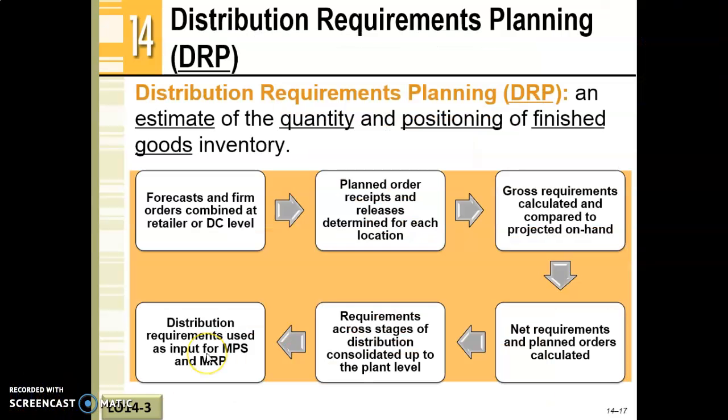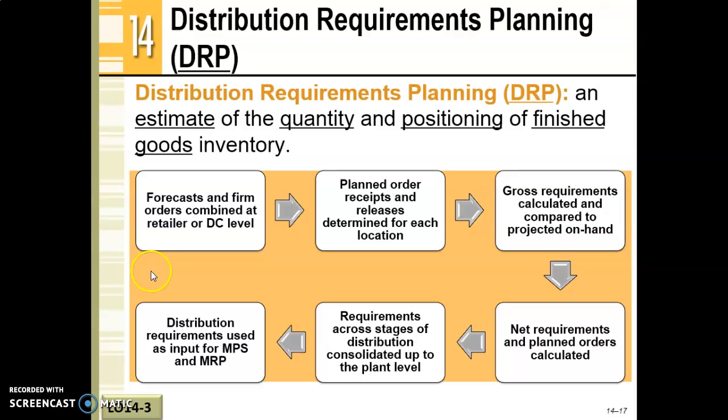Now let's move to distribution requirements planning, DRP, and this is on the top of page 3 of your notes as you fill in your notes. So distribution requirement planning, DRP, is an estimate of the quantity and positioning of finished goods inventory. In other words, what do we need to have in place to meet the demands in our distribution chain?